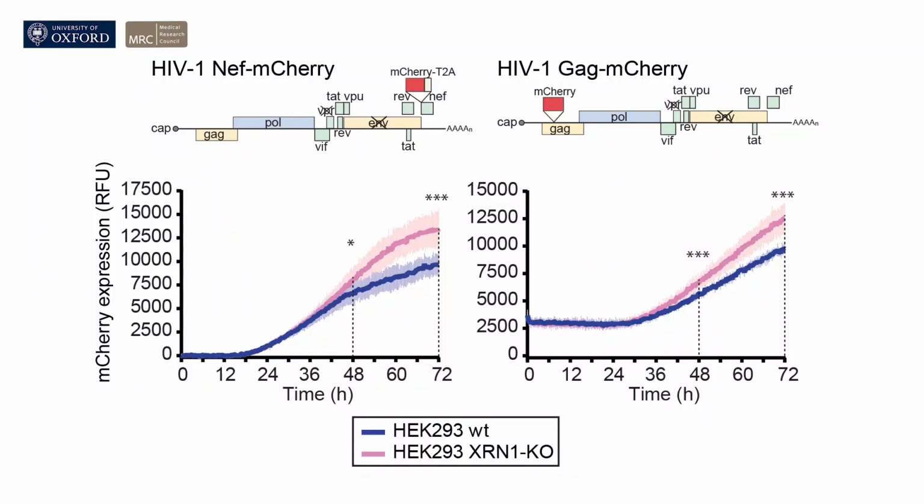The third and main application, and my favorite one, is that we can use viruses that encode a red protein that glows in red, and we can infect cells and then monitor in real time how this red protein is produced, which is a proxy of how much viral protein is produced. So we can monitor the infection in real time using our atmospheric control unit, which is the key point to make the cells grow inside the CLARIOstar equipment.